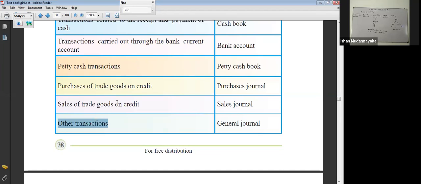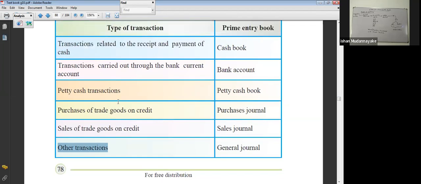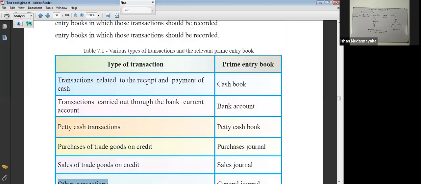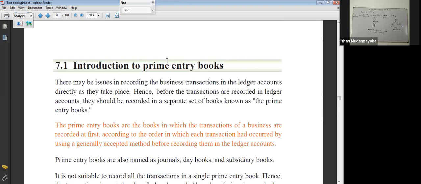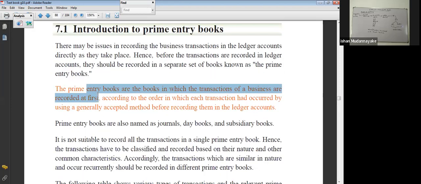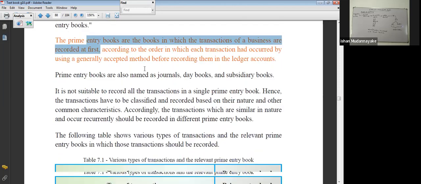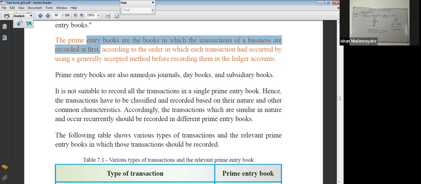Primary books. In primary books, at first we need to record transactions in a business organization before recording in the ledger account. The other names for primary books are journals, day books, and subsidiary books.